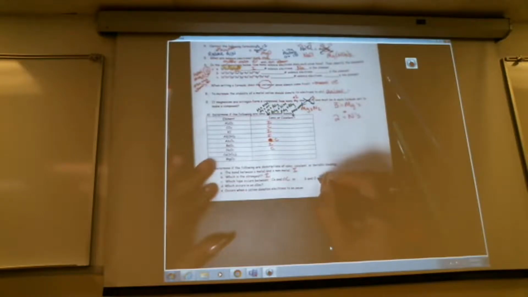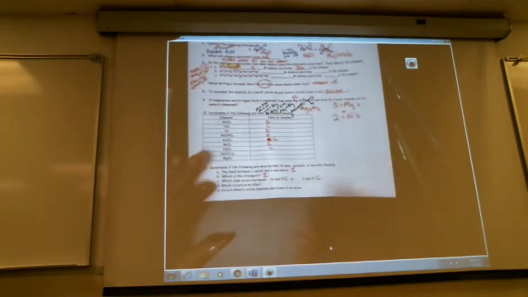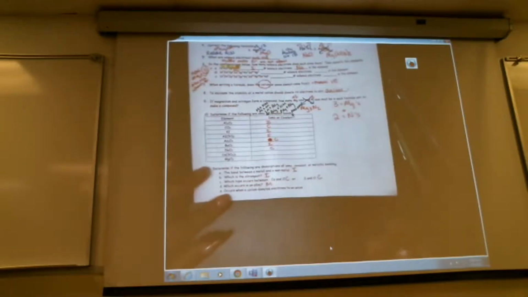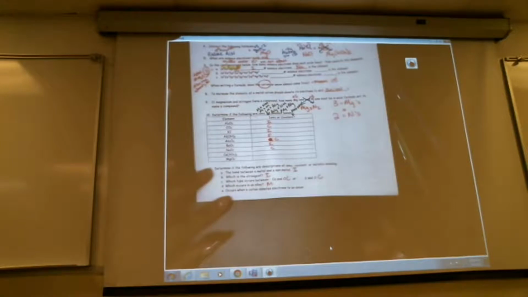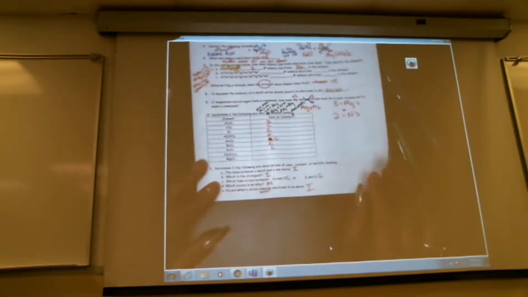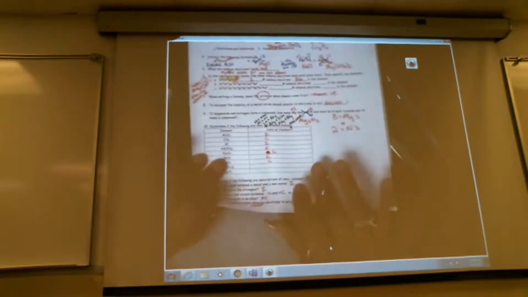And then here they want to know, I don't know why they put or. S and O are also covalent. It doesn't matter this one or this one, it's covalent bonding because they're all nonmetals. Which occurs in alloys? Metallic bonding. Okay? Metallic bonding is a solution of metals when they're melted together. It occurs when a cation donates, that is the key word, ionic bonding. And those are in our notes. I'm going to turn the page.